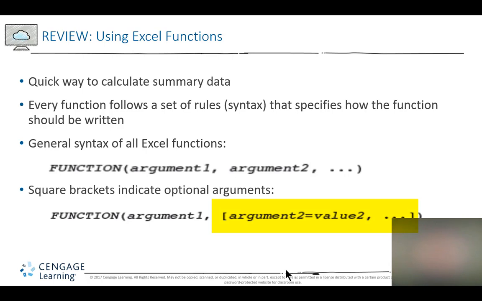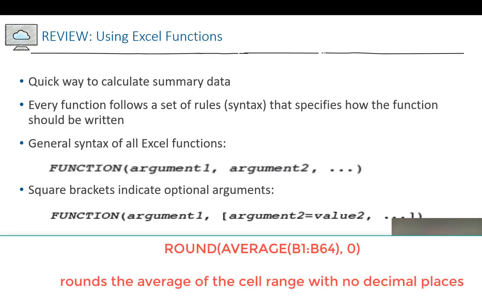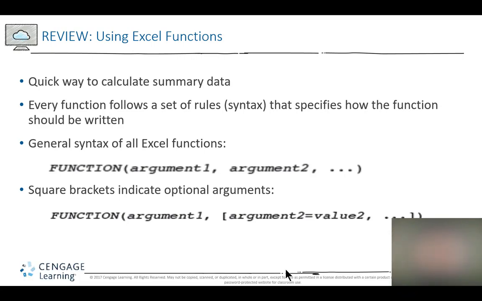An argument can be any type of value, including text, numbers, cell references, or even other formulas or functions. Functions can be placed inside other functions. This is called nesting. And if so, they have to be fully contained within a set of parentheses.